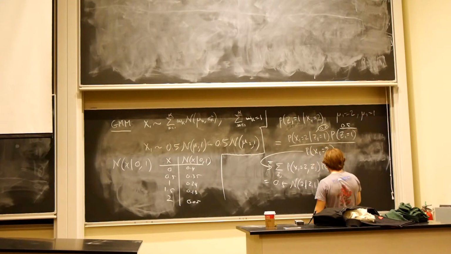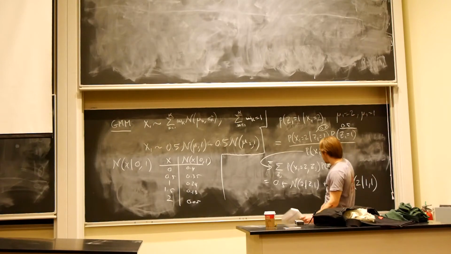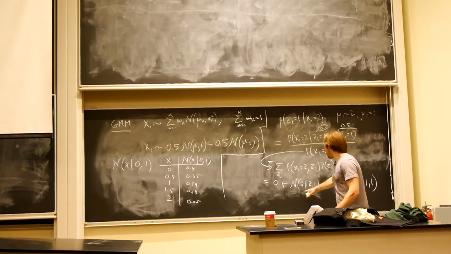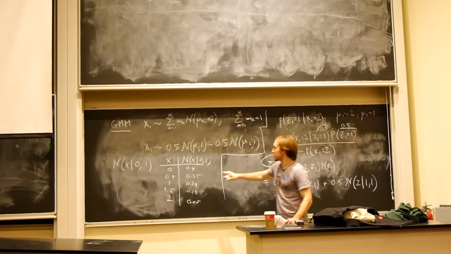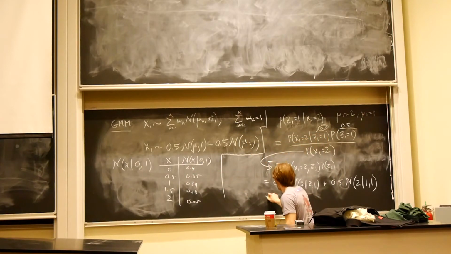Plus 0.5 times a normal of x1 equals 2, given that the mean of the component is 1 and the variance is again 1. If you look at our table, for the first one we're looking for a value at a normal centered at the mean, so that's this first line here, which is 0.4. So this is 0.5 times 0.4.